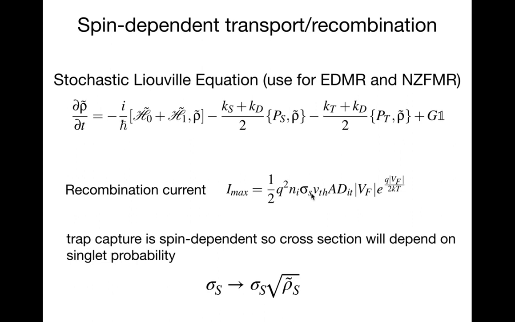So this sigma s needs to have some spin dependence, so we can relate that to the density matrix in the following way. The capture cross section would scale as the square root of the singlet probability for the spin pair.